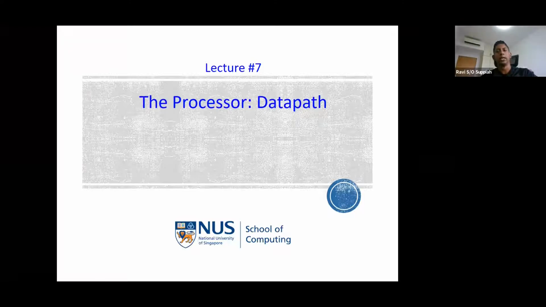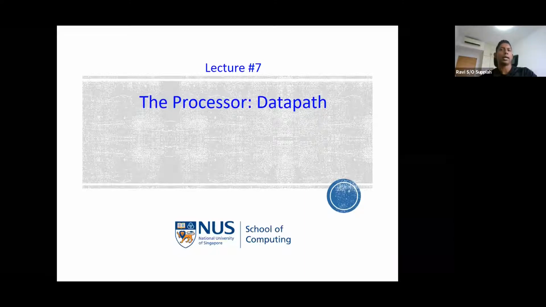Now we understand what each instruction is supposed to do, correct? If I have an add instruction which is R type, I know that I have two registers, take the data, add and put it somewhere in another register. If it's a load memory, I know I'm now supposed to take the contents from a memory location specified by a register and an immediate offset, and put that content into a register.